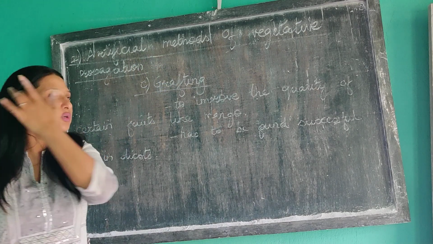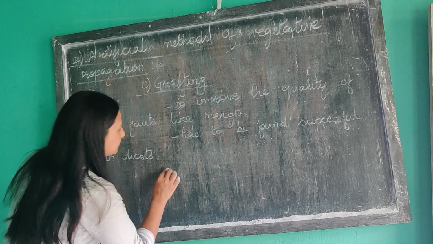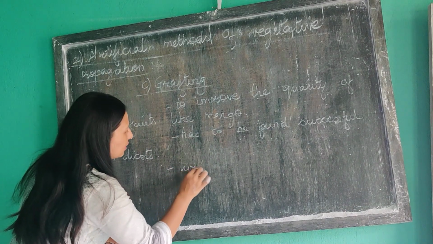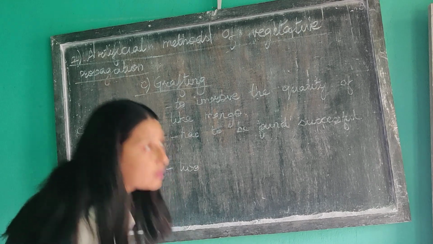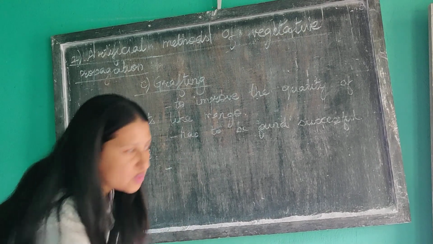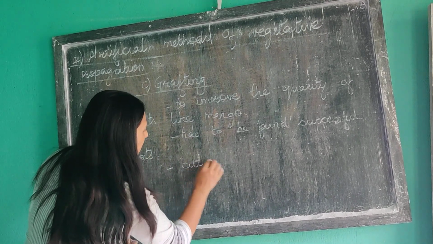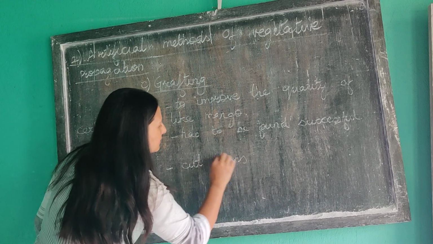Okay, so what do we do in this method? We cut the stems of two different plants.